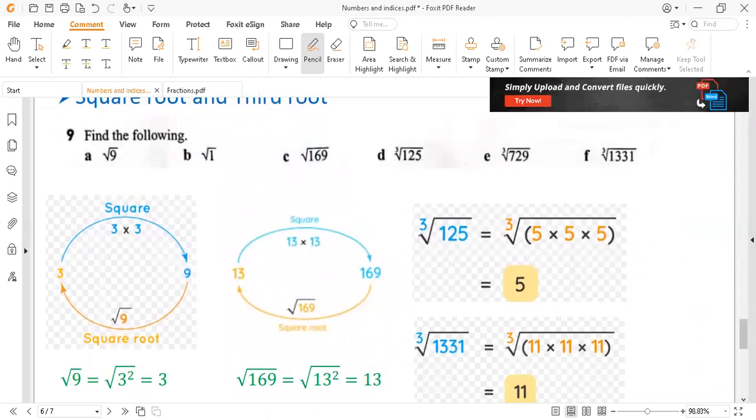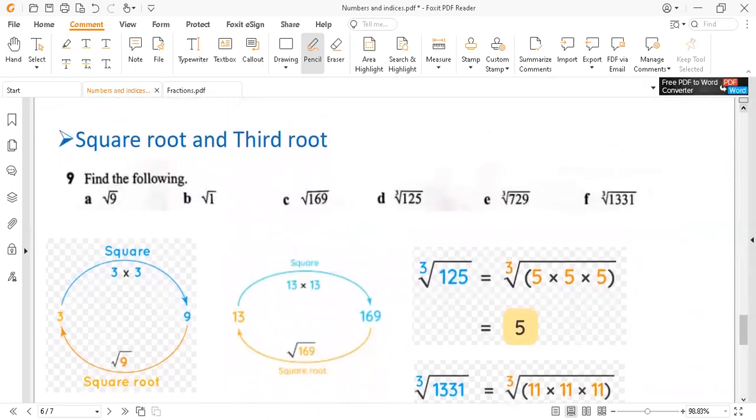About the square root and the third root. By default, if we have a root sign without anything there, it is 2. And when we have a 3 or a 4, these represent the third root of the given numbers, and the first 3 numbers are for the square root. What do we mean by square root?